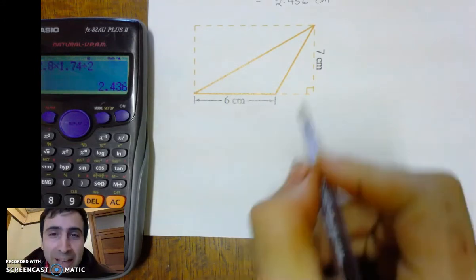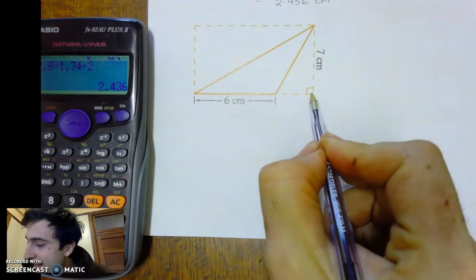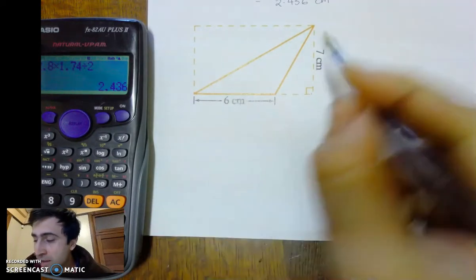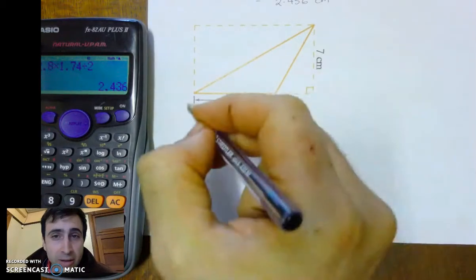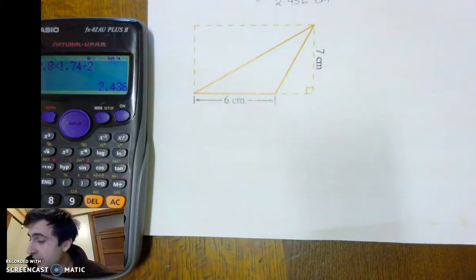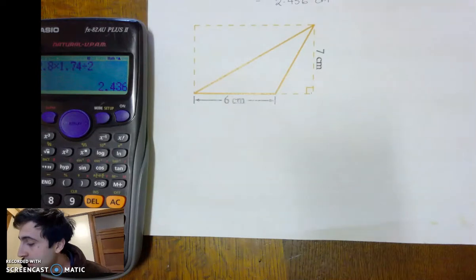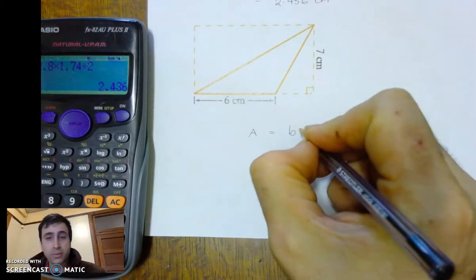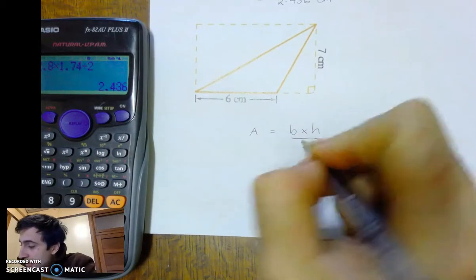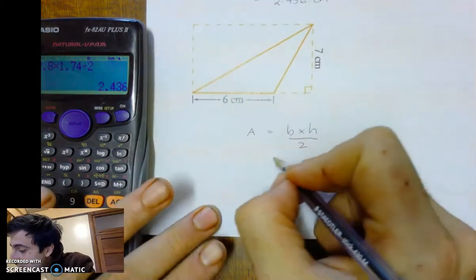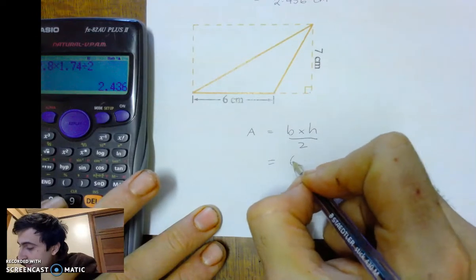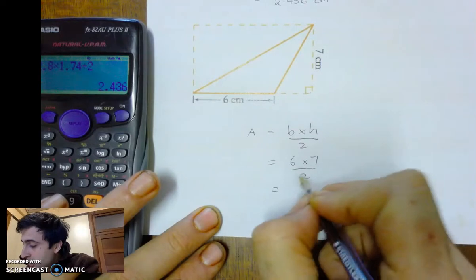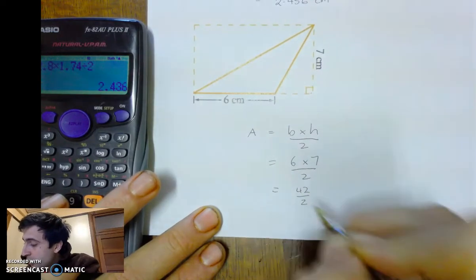And the two lengths that are separated by the right angle, in other words, 7 and 6, can be the base and the height. And you can swap them around, it doesn't really matter, because area equals base times height divided by 2 with triangles. And in this case, it's just 6 times 7 divided by 2, which equals 42 divided by 2, which equals 21 centimetres squared.